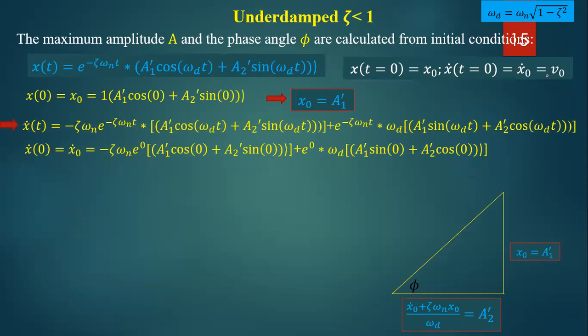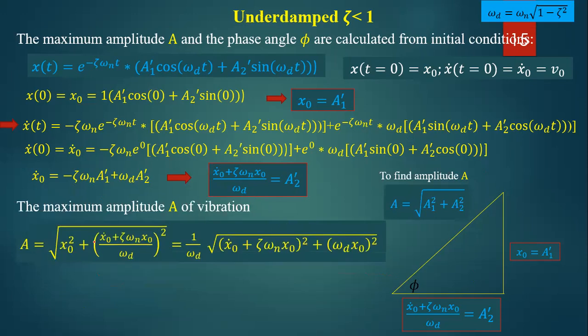Substituting the x dot initial condition into this equation, finally we get x dot naught equal to minus zeta omega n A1 prime plus omega d A2 prime. A1 prime is already obtained as x naught, so we can easily find A2. A2 prime is equal to x dot naught plus zeta omega n x naught over omega d.